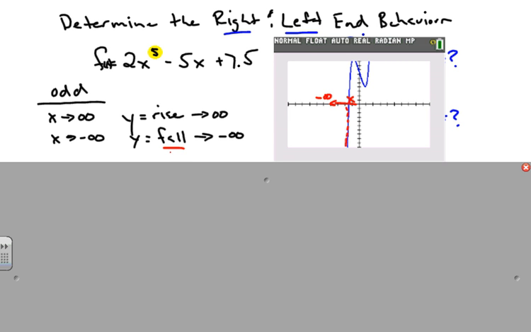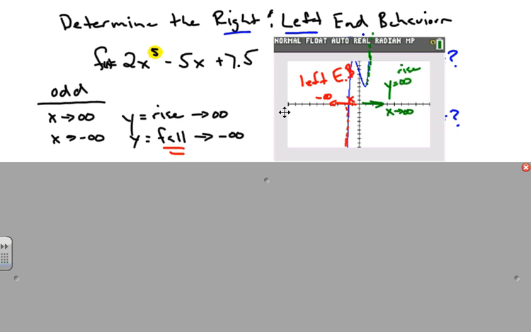This is known as the left end behavior, EB, I'll call it. Now to the right, in green, as x goes to infinity, you can see the values keep increasing, going higher and higher. So our y values are going to positive infinity, or rising.